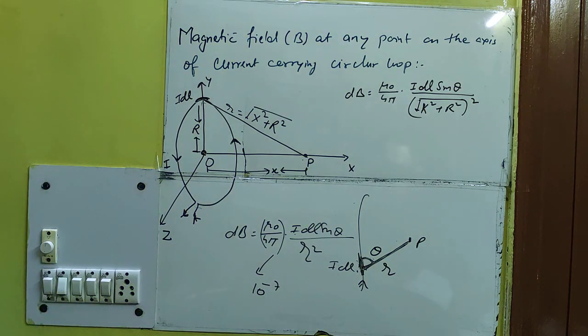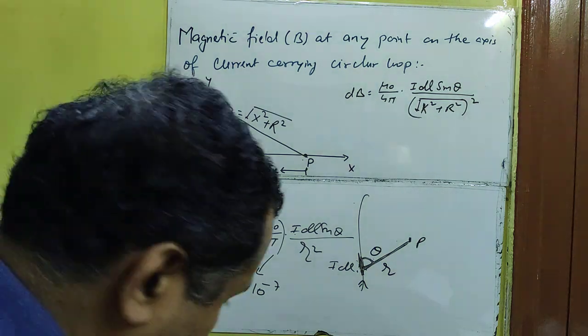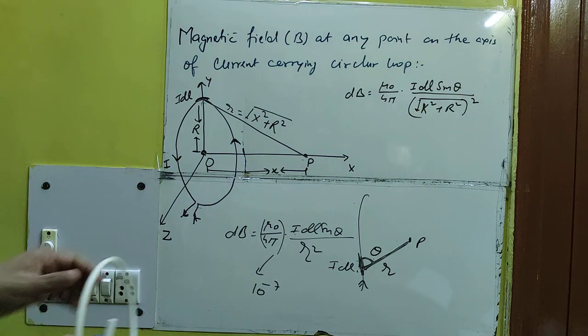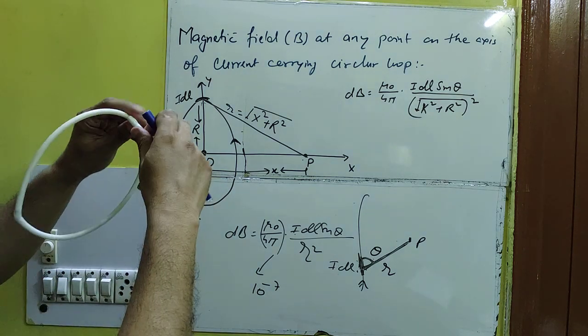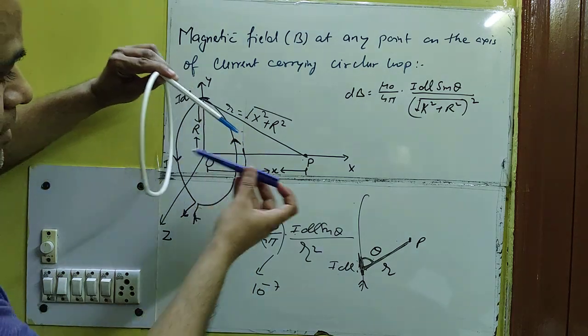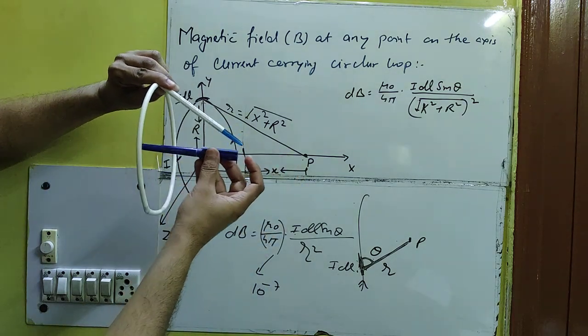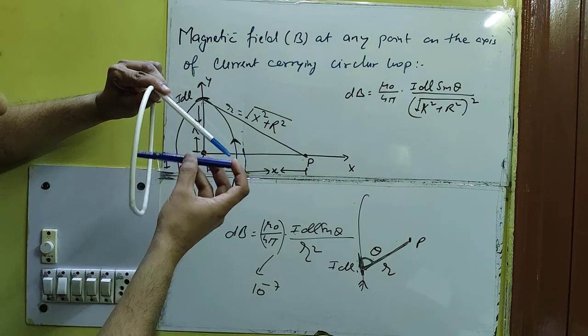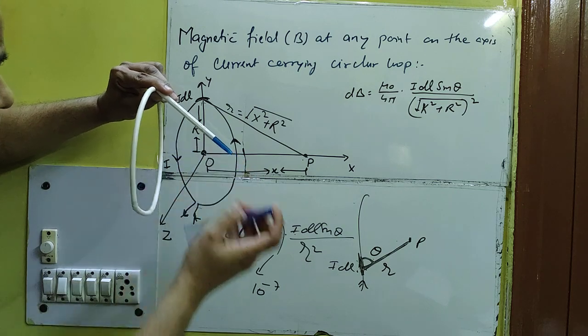Now the question is, what is the value of theta? For that purpose we need to find theta. Look at the diagram. This is r and this is x. Compare this 2D structure with this 3D structure. This blue pen is the small x and this white pen is the small r.